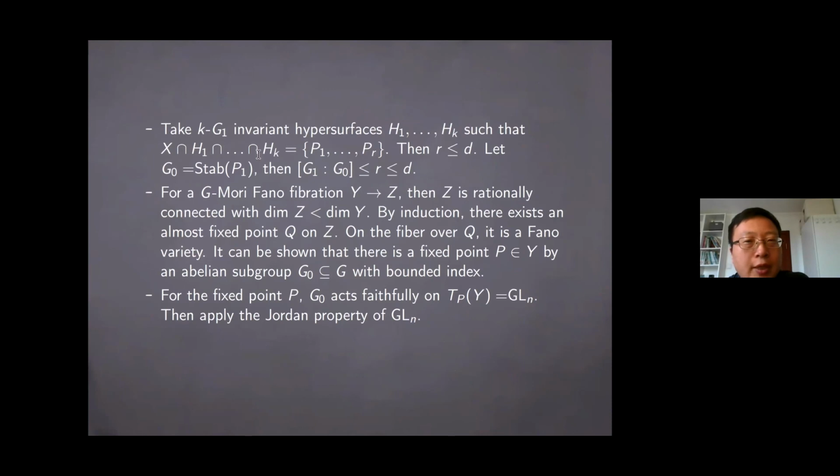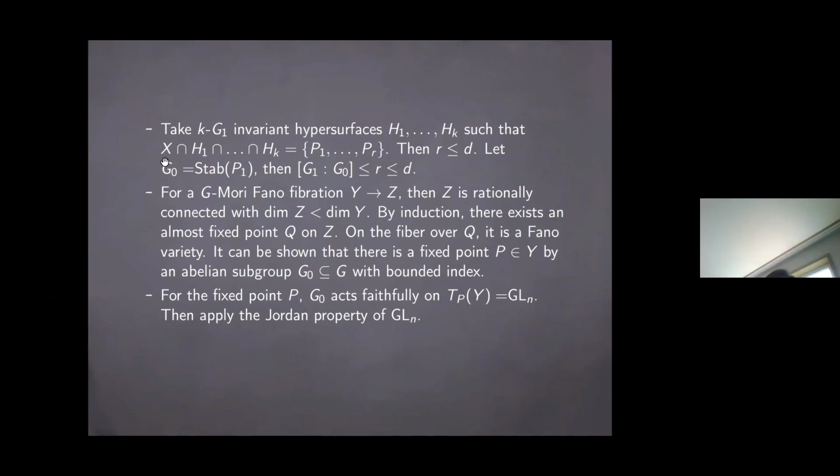Then we can take G1-invariant hyperplanes H1 to HK, such that X intersect H1 to HK has only finitely many points, P1 to PR.